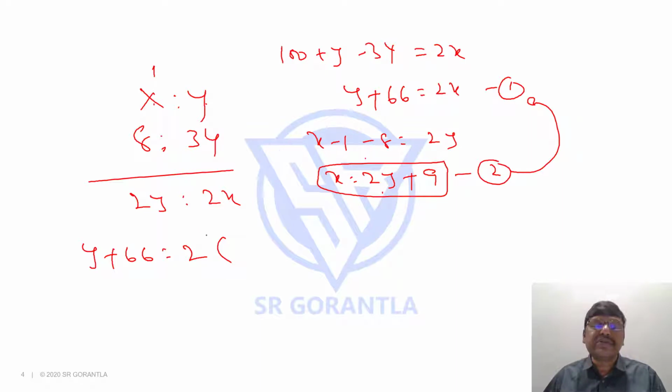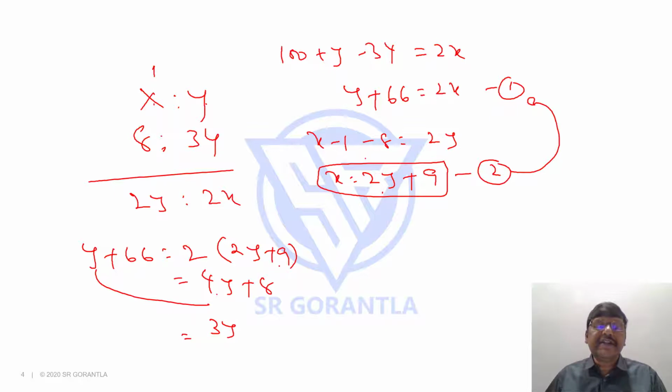X means what can I substitute? 2y plus 9. You can see here 4y plus 18. Students, y comes here, 4y minus y, 3y, right? This 18 goes to the other side, 48. If 3y is 48, y equals 16.